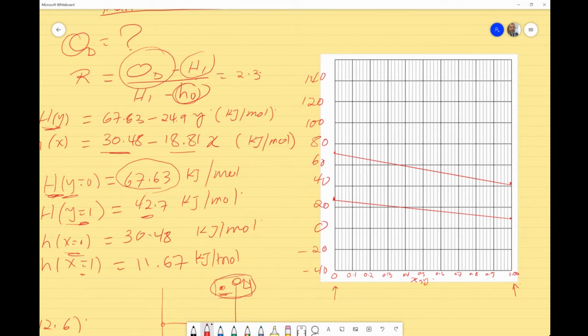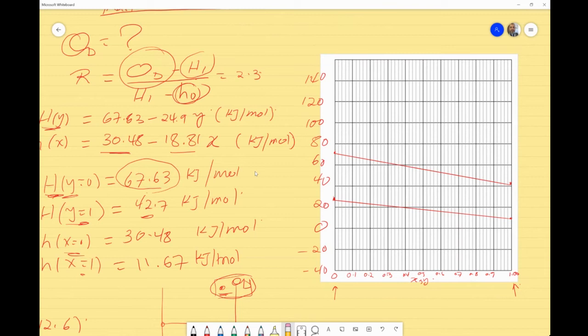Because it's a straight line, because the relationship here is linear. If you want to draw a straight line, you need only 2 points. But if it wasn't a straight line, for example 67 plus 0.63 minus 24.9 y squared minus, for example, 1y, you can't take 2 points. You have to take several points. Okay, this is okay because we have a straight line. So for a straight line, you need only 2 points to connect them, and then it's going to be okay.